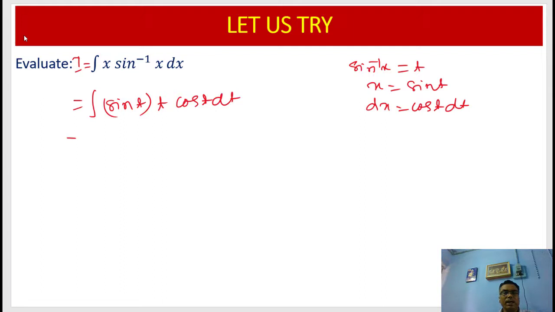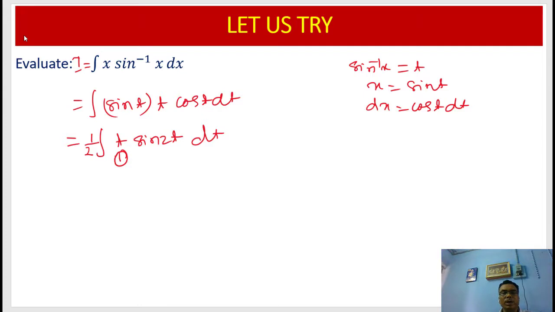So what shall I do? It is integration of t, sin t into cos t. Is it sin 2t by 2? So I write 1 by 2 sin 2t dt. I will have to make this a single one so that it will be easier to integrate.